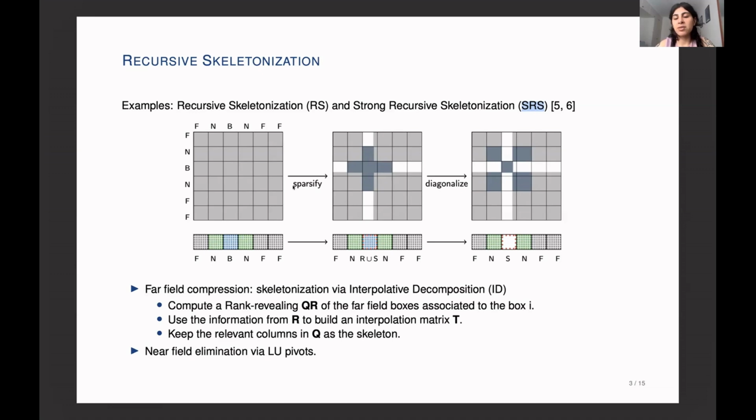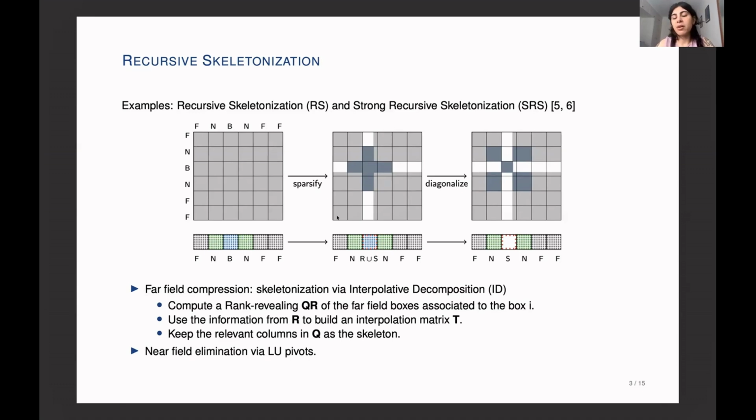We take advantage of this hierarchical structure, and we define 2 bits of information, what we call the far field and the near field. So this will be, for instance, blocks in the far field, portions of information in the far field. This is the box that we've chosen, and this is the near field. And in these 2 steps, you sparsify your matrix.